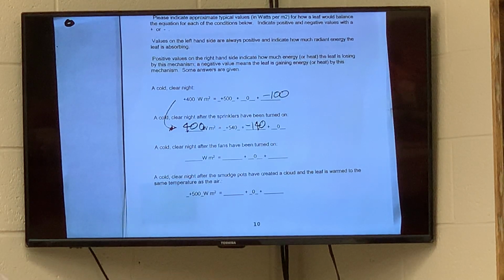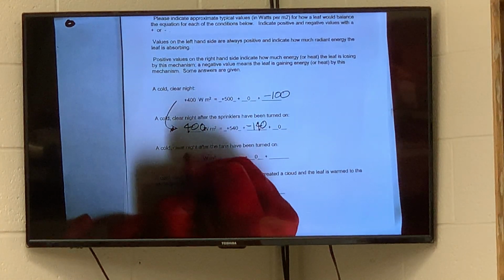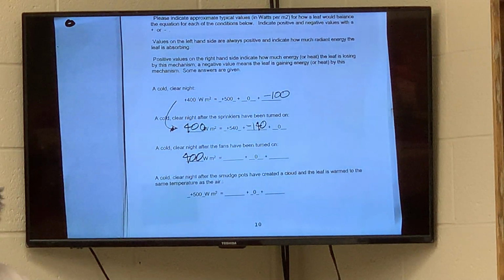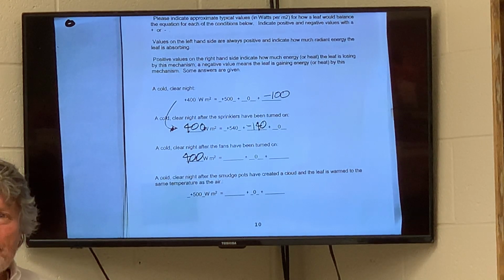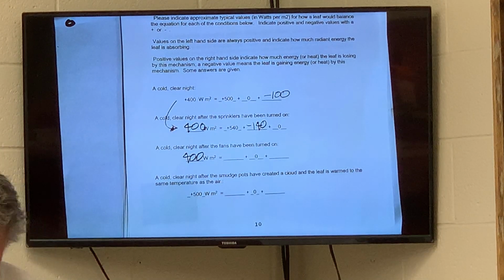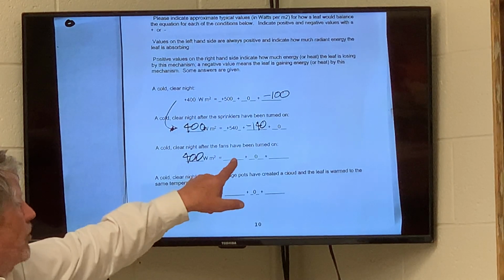Now it's still a cold, clear night, so this one is still 400. Now the fans have been turned on, so the leaf warms up, and this number is going to get significantly bigger from warming.